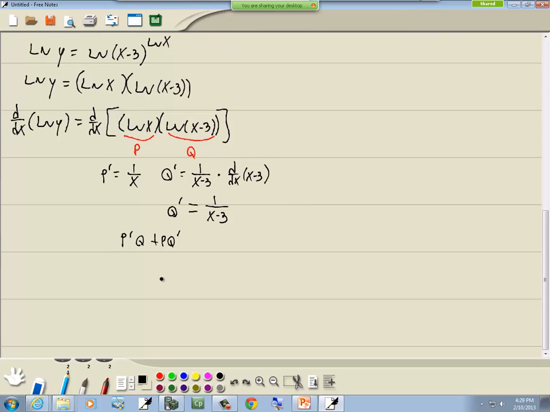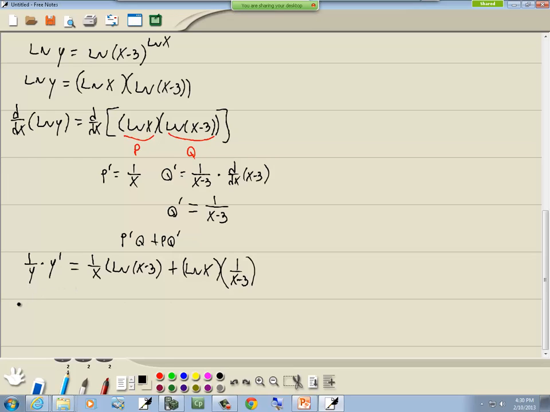Now back to our left side. The derivative of natural log of y is 1 over y, but since it's y, we have to throw on a y prime. That equals p prime, which is 1 over x, times q, which was natural log of x minus 3, plus p, which is natural log of x, times q prime, which is 1 over x minus 3.